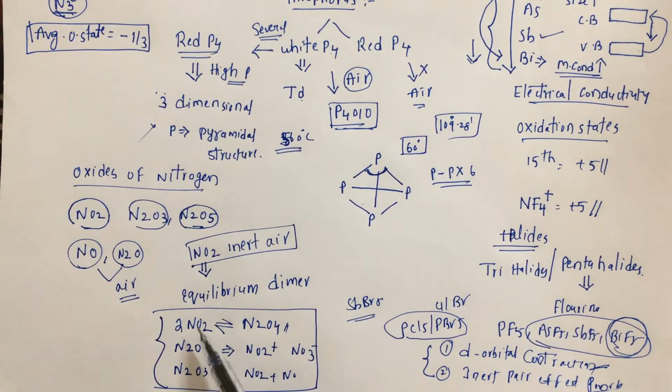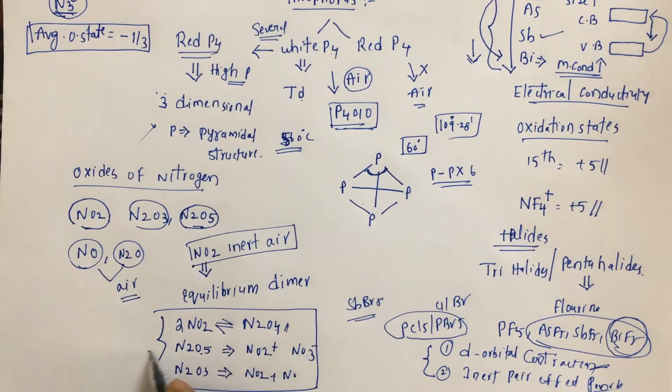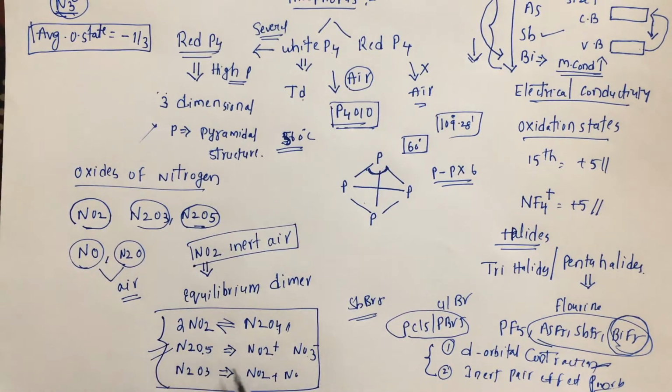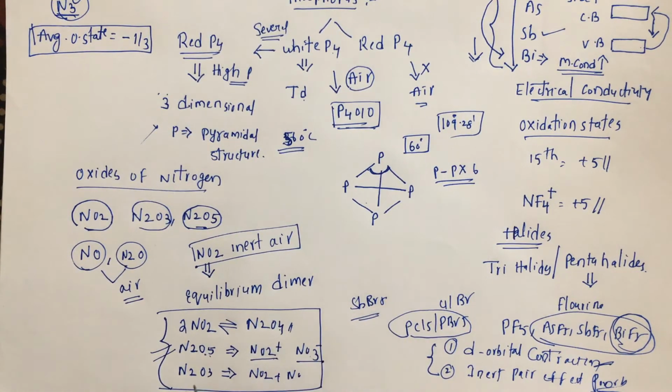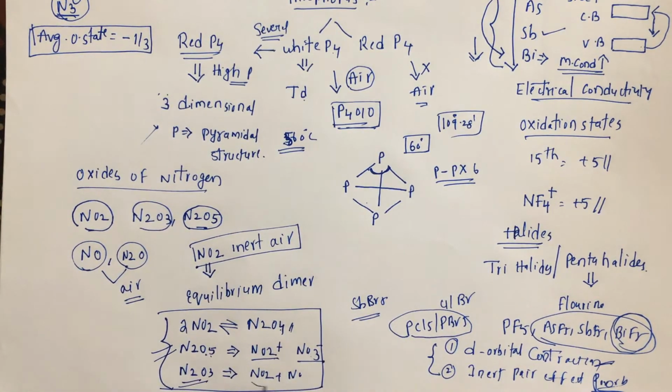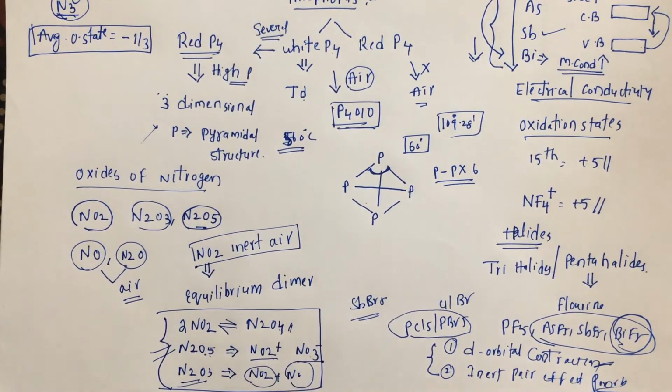NO2 at equilibrium exists as N2O4, and N2O5 is a composition of NO2 plus and NO3 minus. They can frame a question like this: N2O5 is a mixture of NO2 plus and NO3 minus, and N2O3 decomposes into NO2 and NO.